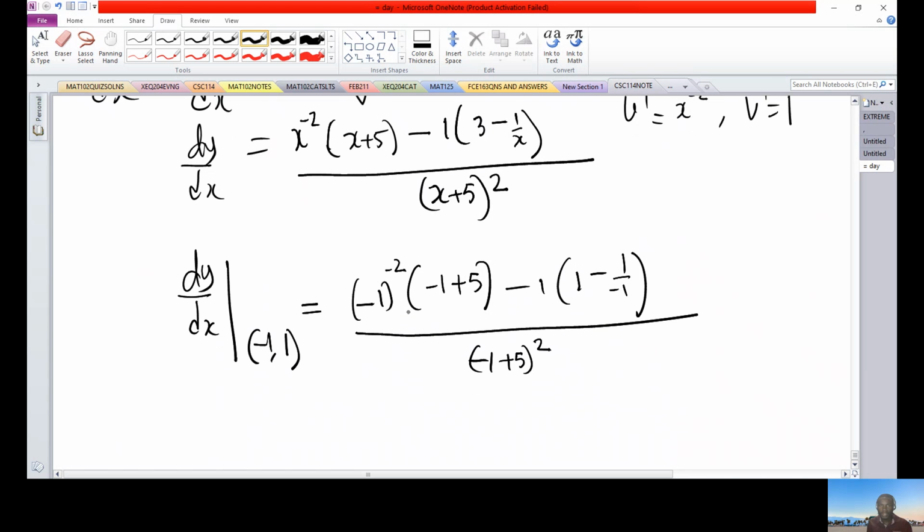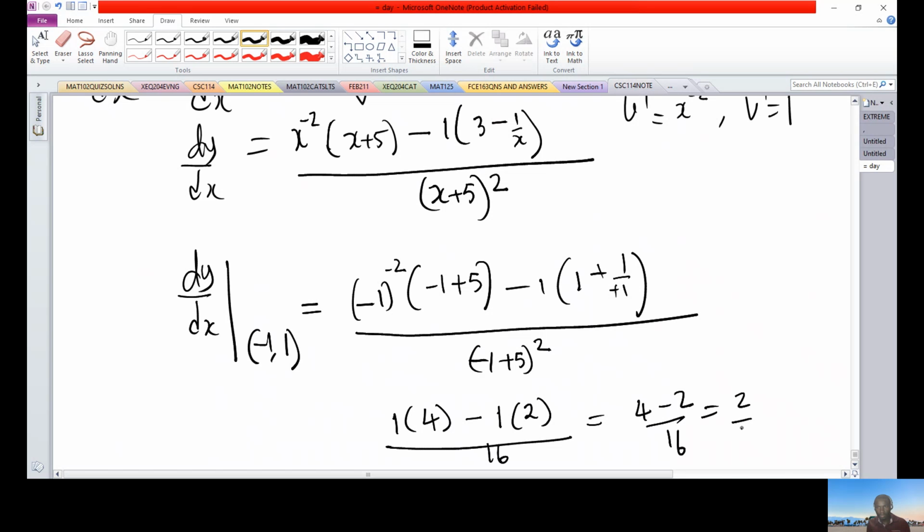Now, minus 1 raised to minus 2 is just 1. Minus 1 plus 5 is 4. Minus, this will be plus. 4 squared is 16. So this will be 4 minus 2 over 16, which is 2 over 16, giving us 1 over 8.